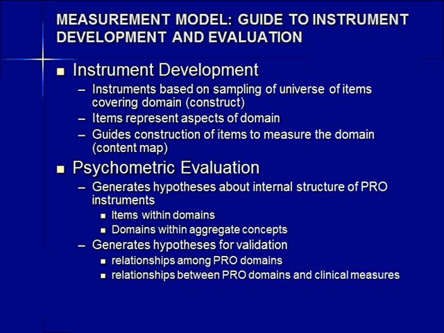And when you go through this exercise of demonstrating that these aggregated scores differentiate people that you would expect them to differentiate or are responsive to change over time, this is the process of psychometric evaluation and validation.